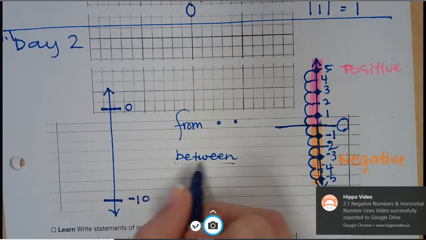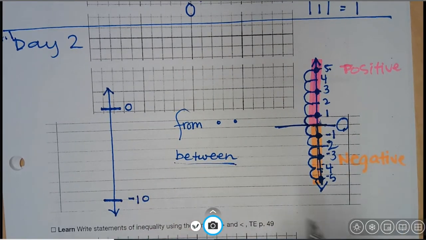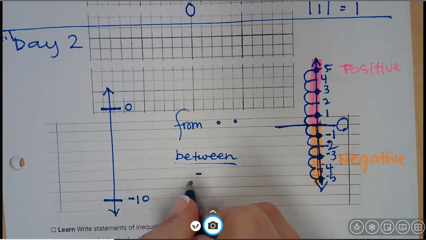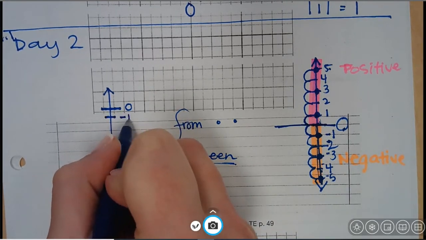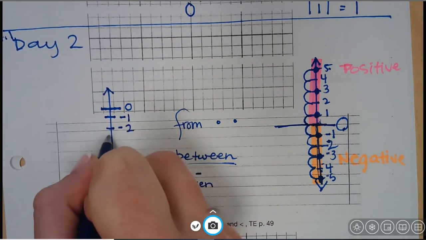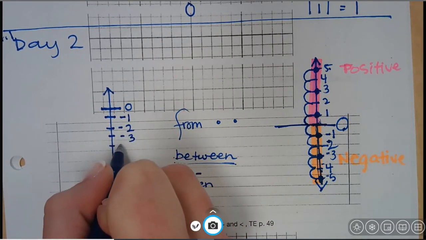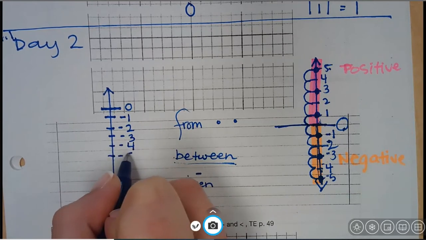And remember I said between, and I said negative numbers. And then I also said even. So between, negative, and even. So then I need to go through and number them. So this would be -1, -2, -3, -4, -5.